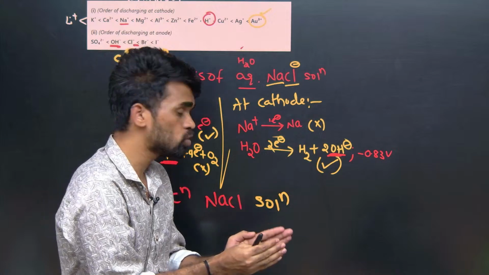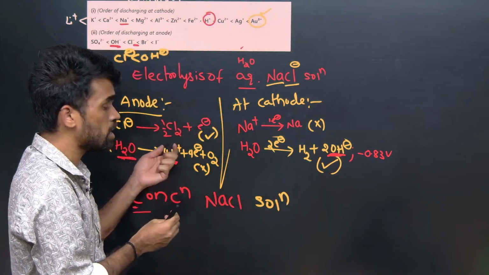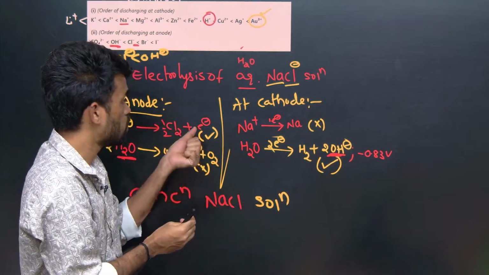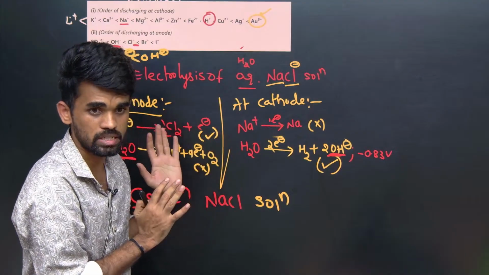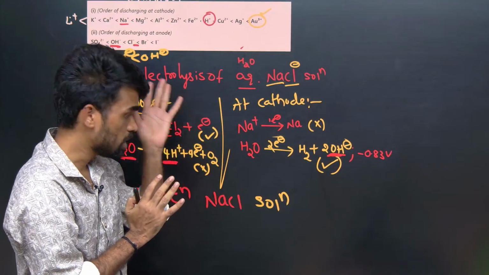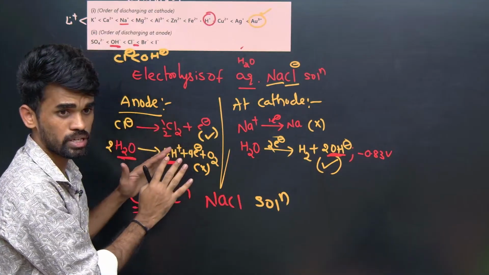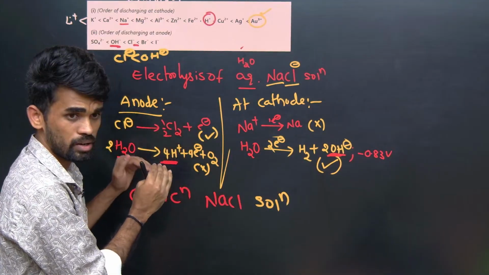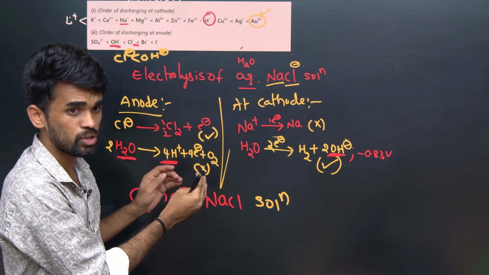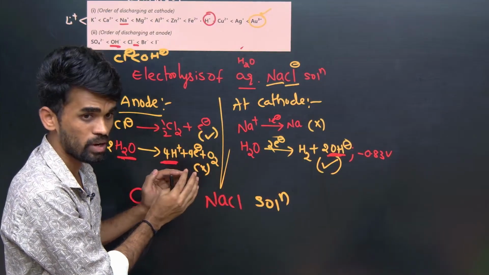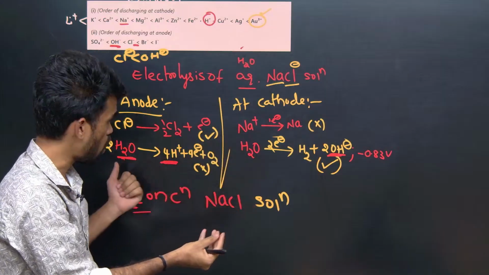Okay. So due to this reason, water is not getting oxidized here, only chlorine gas is getting oxidized. This is the explanation you should give. Why is water not getting oxidized? You should say it has overpotential. We require extra energy to oxidize this.